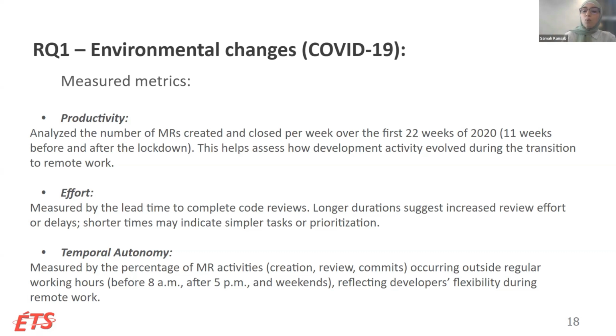So we see when these merge requests are created, because, as I said, before COVID, people were working on site, so the merge requests are created from 8 to 5 p.m. And what we want to see is if the COVID left an impact in the long term. So if people had adopted this habit of working outside the regular working hours.